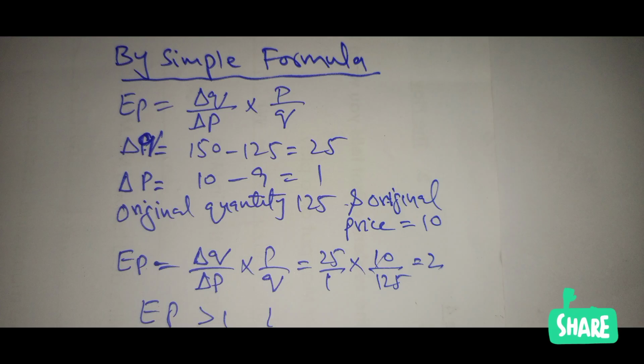Now EP, price elasticity of demand, is equal to del Q by del P, a change in quantity demanded by a change in price, multiplied by P original price by Q original quantity demanded.